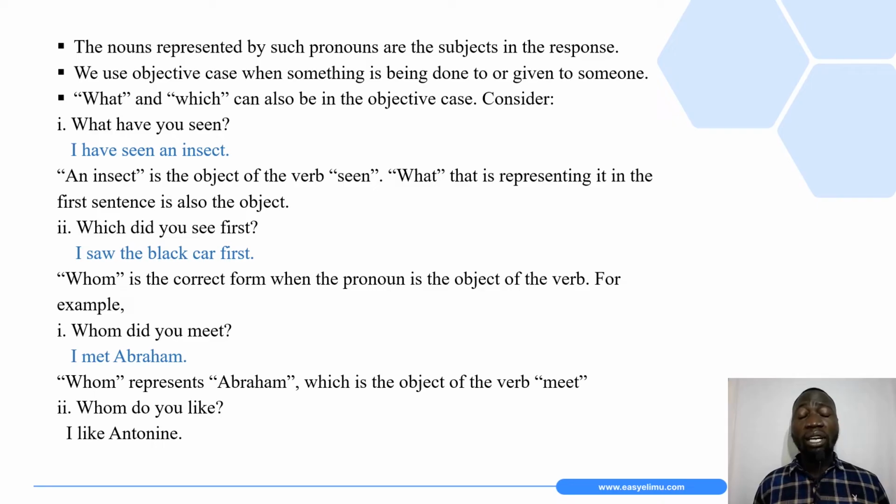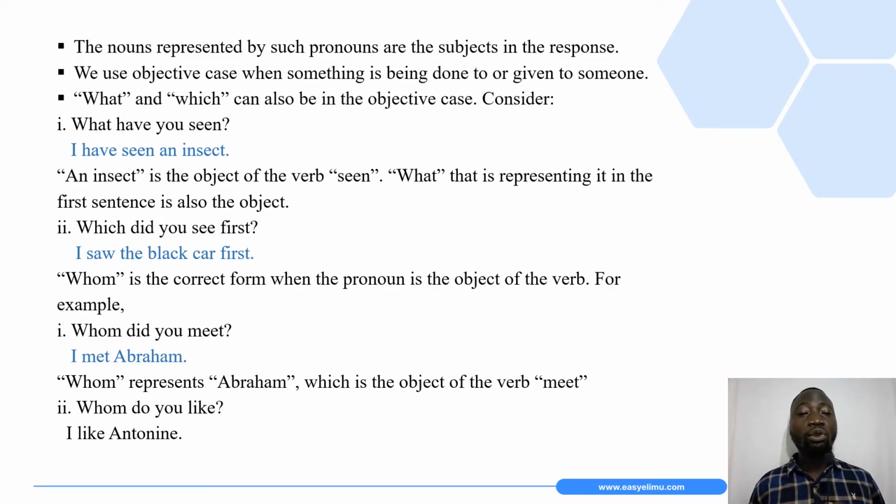Remember, pronouns are words used instead of nouns. So the nouns represented by such pronouns in the two examples that we have just gone through are the subjects in the response.